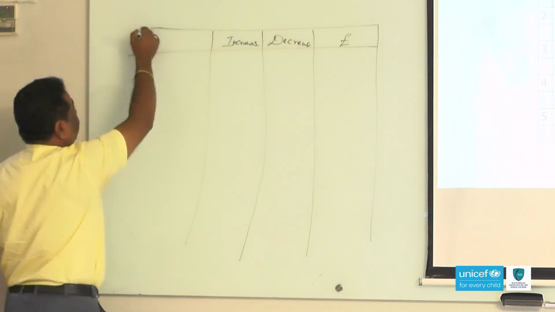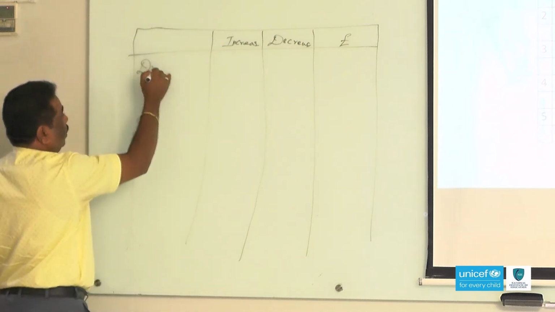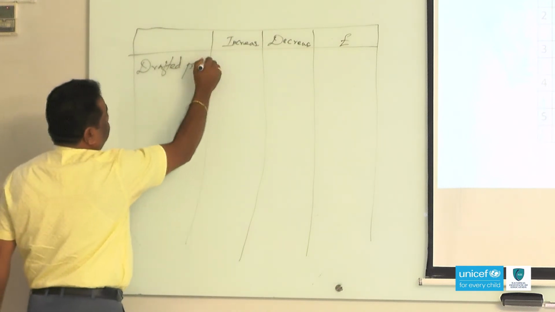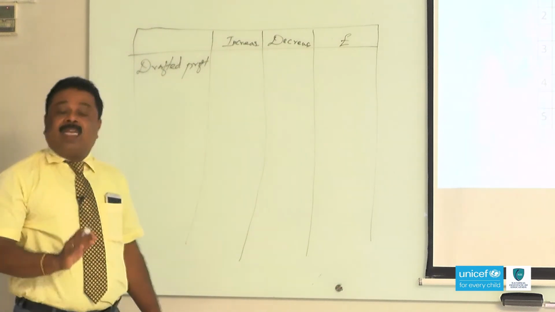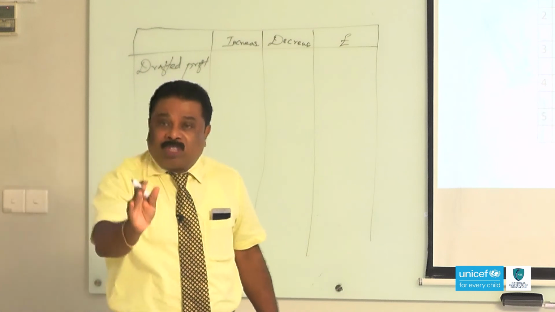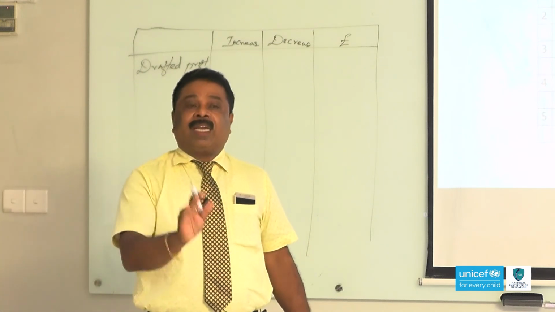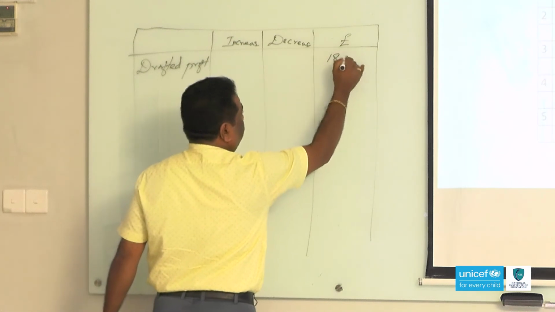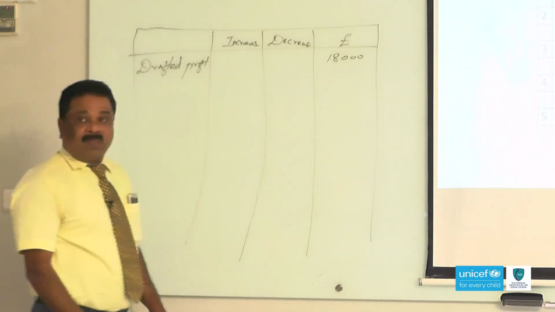We start with draft profit. Draft profit for the year. Draft profit will generally be given to you in the question. So let us say it's given as 18,000. It's an example. Fine.